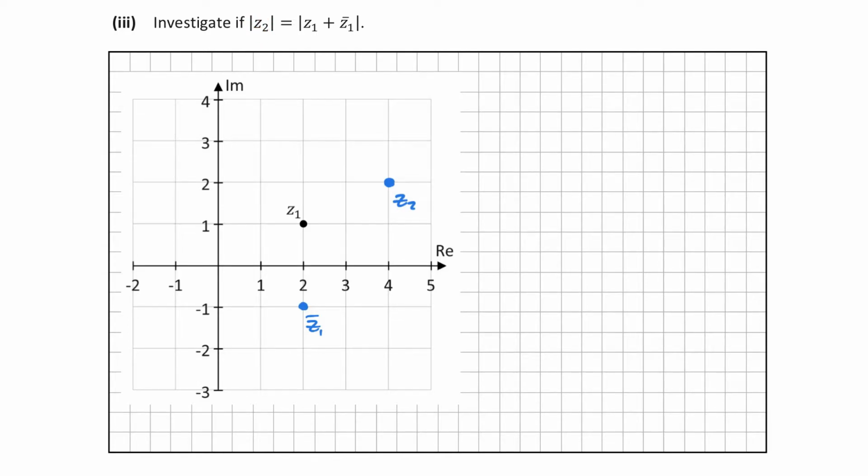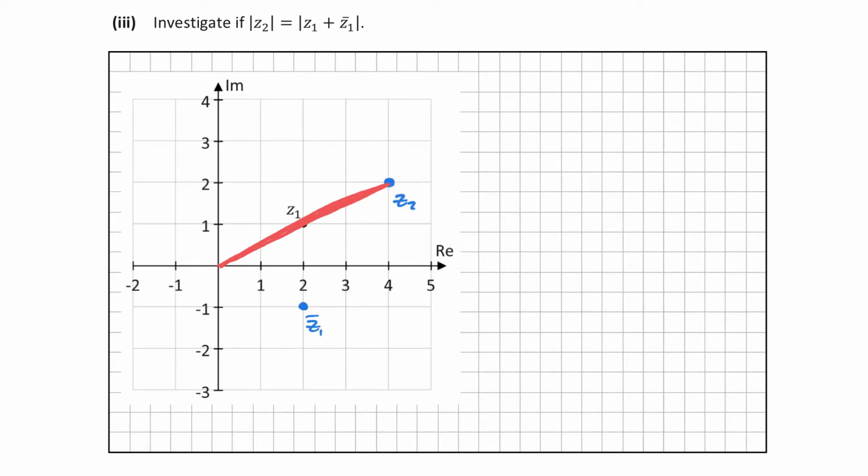What they're actually checking is the length from 0, 0 to z2. So they want to know what the length of that is.